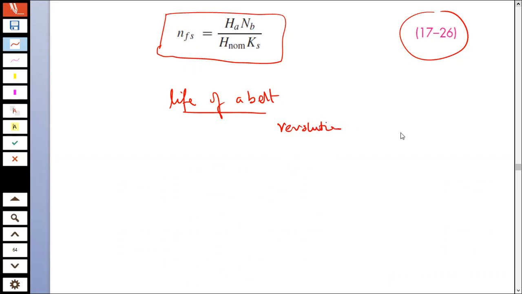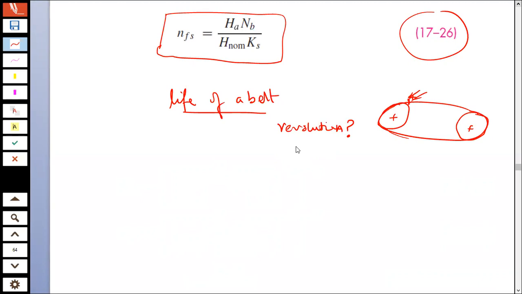For example, there is a belt between these two pulleys, and you start from here, note this point, and this point goes and comes back to this point. That is one revolution, right? So how many revolutions will it do? That is one of the counts.